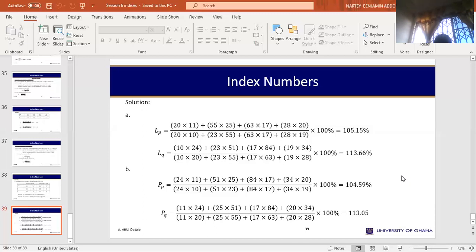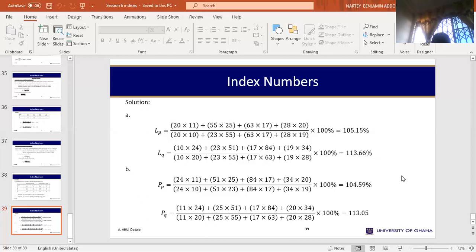Okay, but then this also has some problems, which is about data collection. Data collection could be expensive and time consuming. The items to be included in the construction of an index number are based on sampling, which has its own problems of sampling errors.